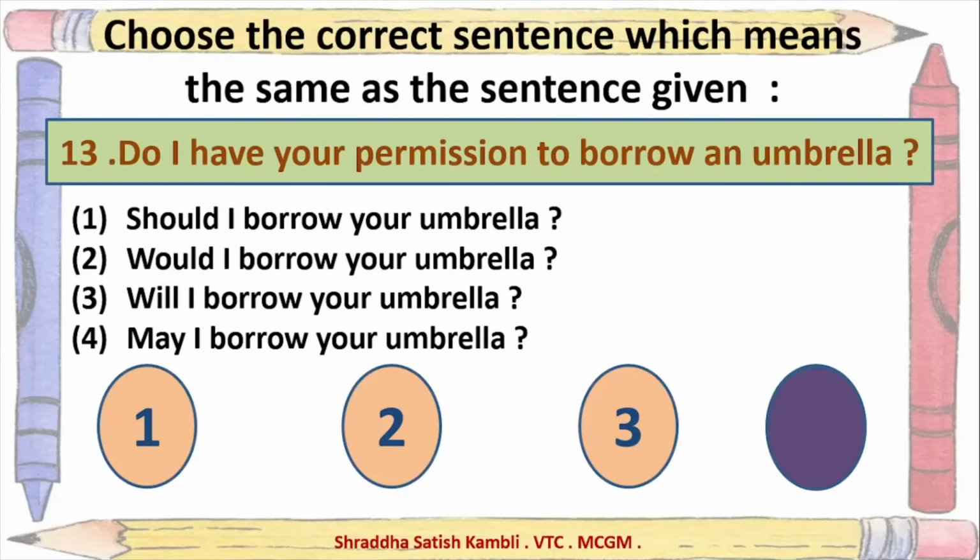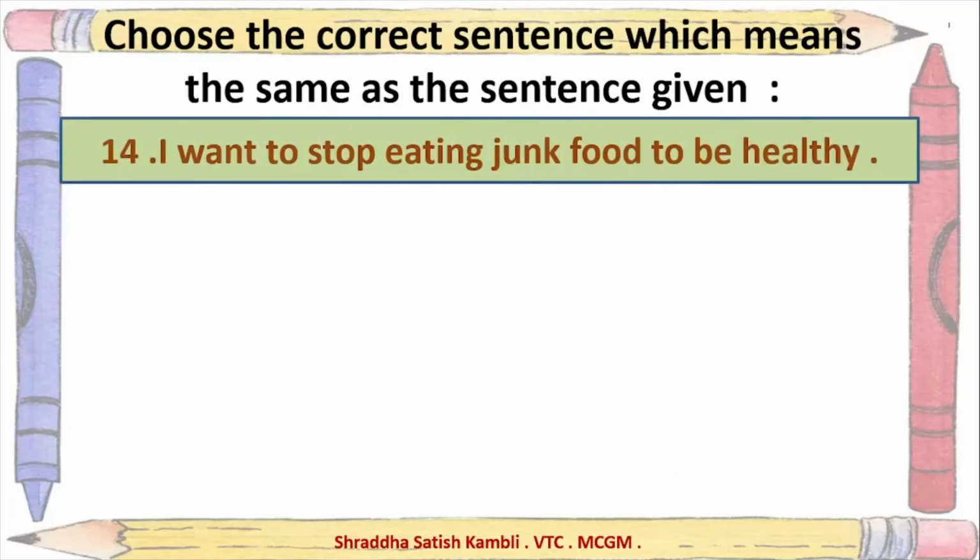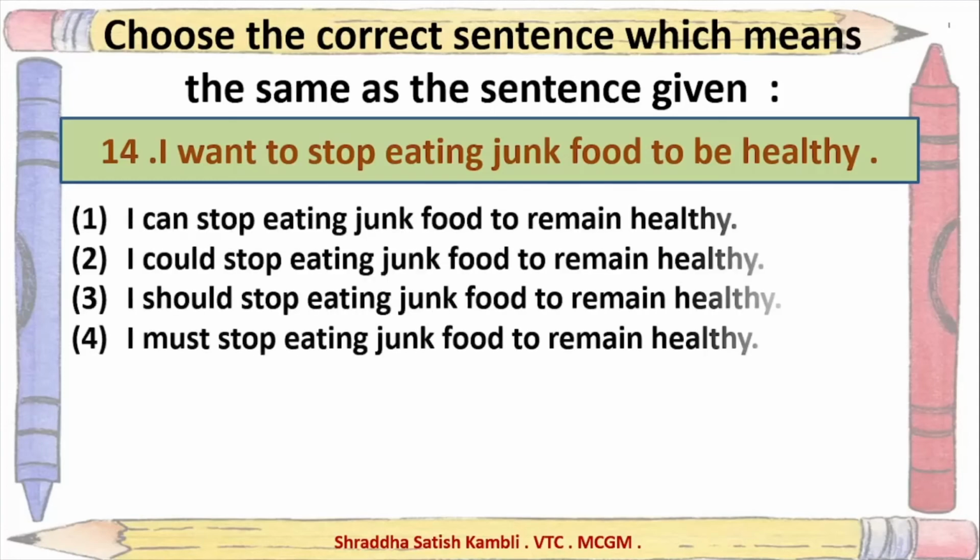Alright, coming to the last example in this pattern. I want to stop eating junk food to be healthy. So I can stop eating junk food to be healthy. Alright, I could stop eating junk food. Now this is a will that you have.